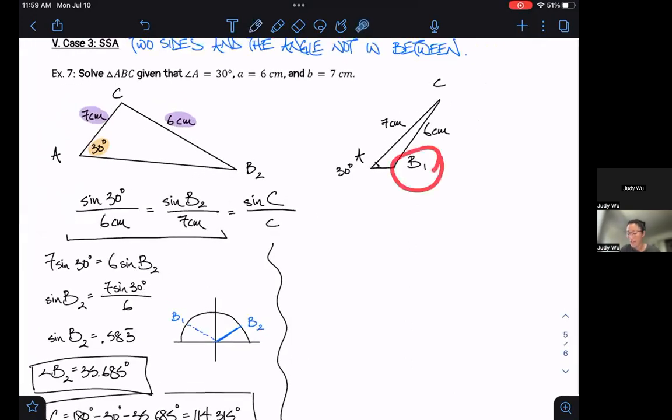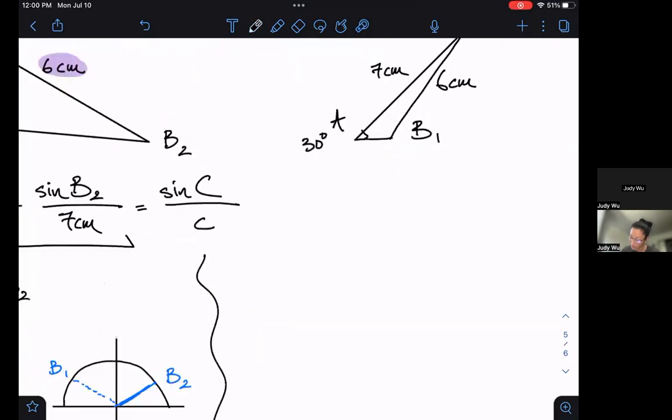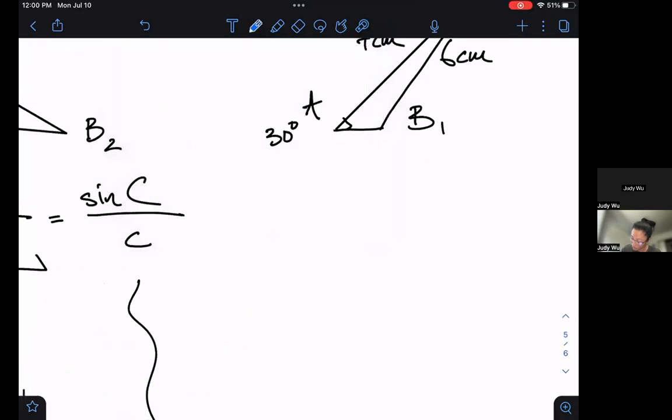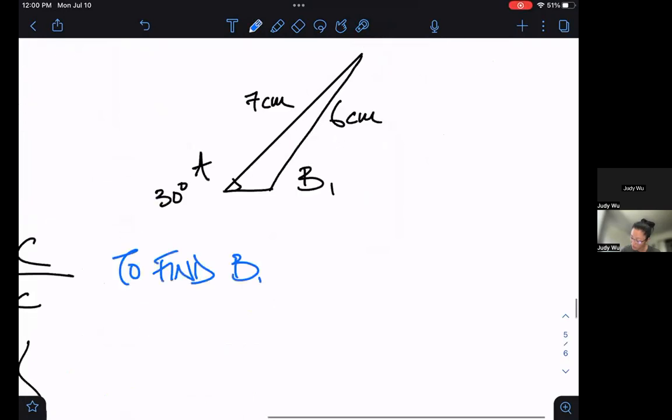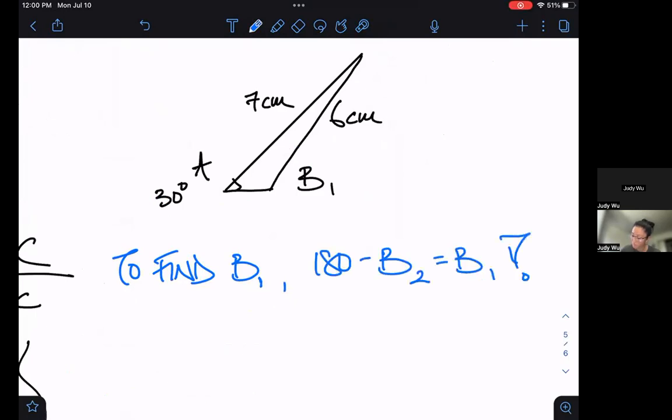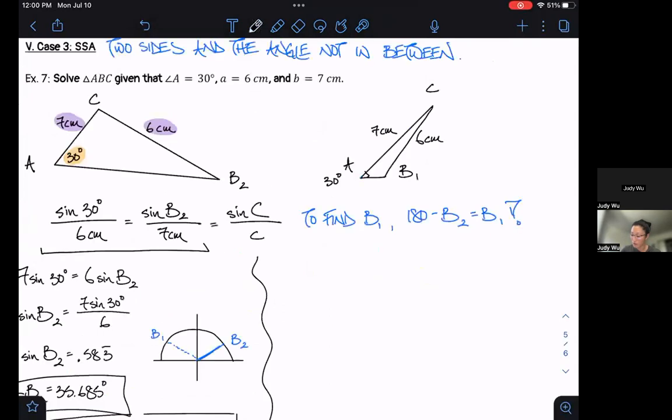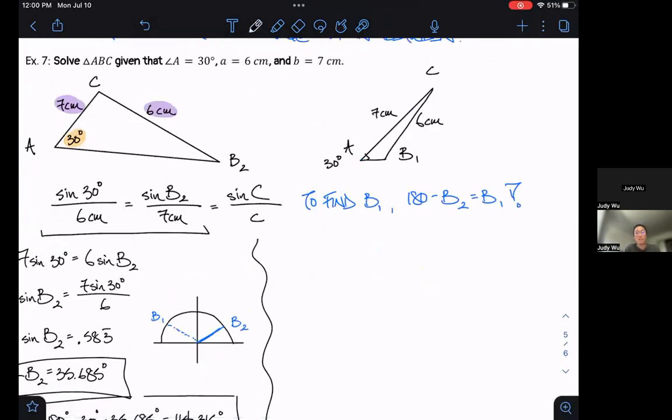But how do I find out the angle measure of B1? It turns out those 4 examples we did in the beginning, that is exactly what we're going to do here. I found B2 using the calculator, 35.685. All right, so to find B1, we do 180 minus B2 will equal B1. All right, so if you don't remember why, go back and watch that first video.